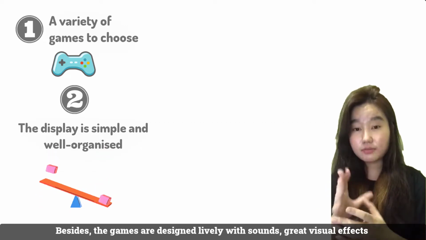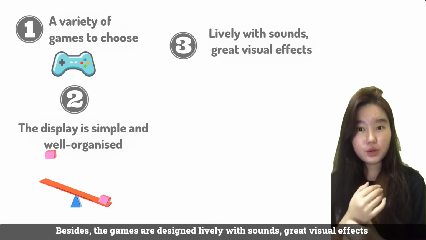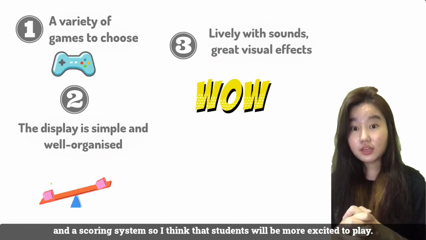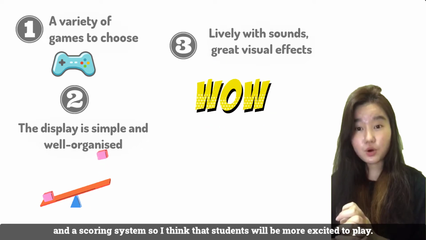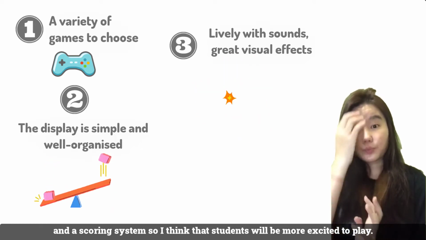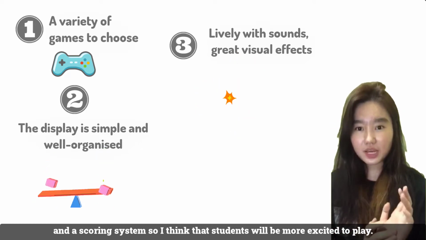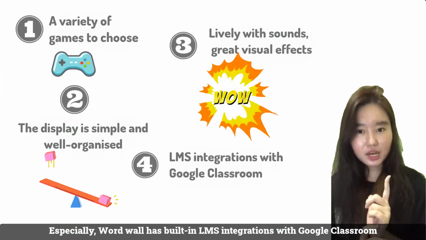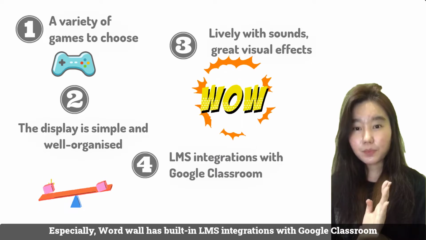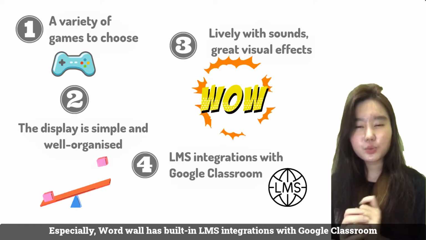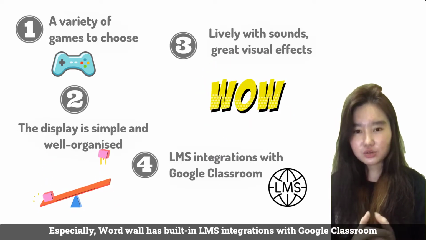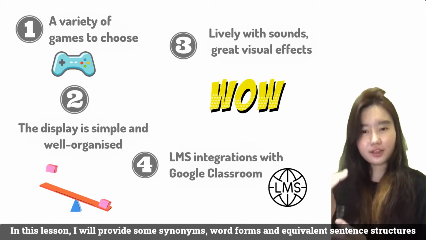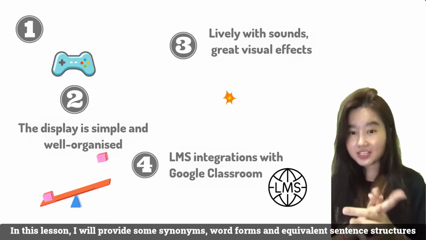Besides, the games are designed lively with sound, visual effects, and a scoring system, so I think that students will be more excited to play. Especially, Word Wall has built-in LMS integration with Google Classroom, so you can give your students an assignment or handout after your lesson.